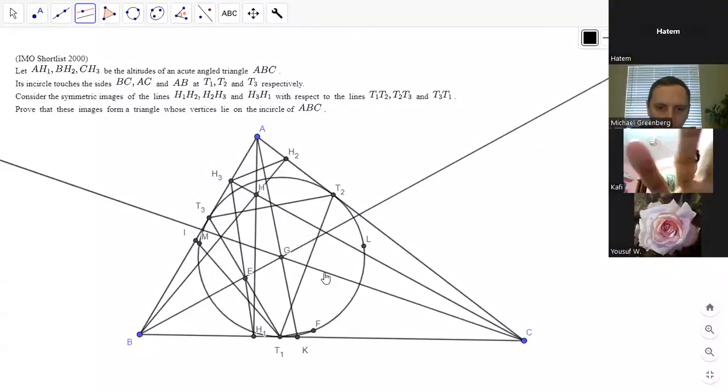Okay, so I'm going to keep L and M. Let me draw these points.